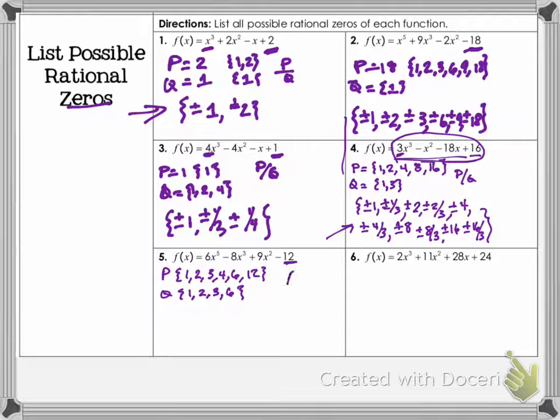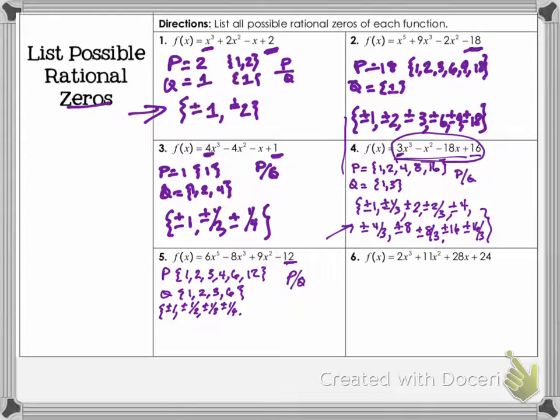And now every combination of P over Q. There's going to be a lot of fractions here, and if you have doubles, you don't write them down. So plus or minus 1, plus or minus 1/2, plus or minus 1/3, and plus or minus 1/6. So that takes care of 1 and all the Q's.